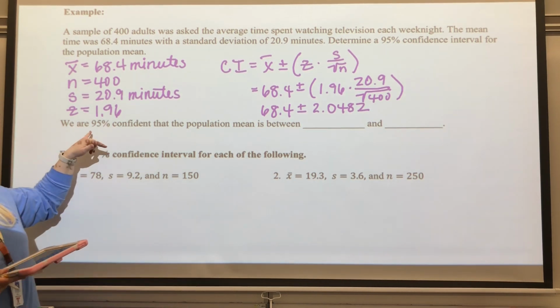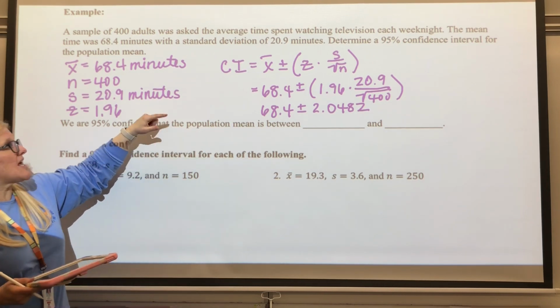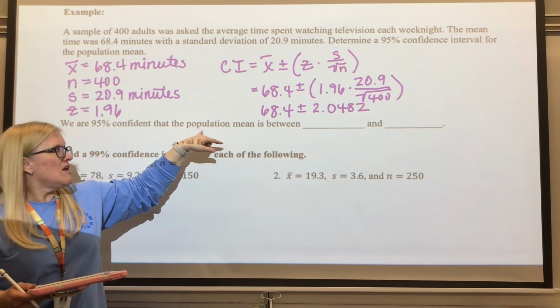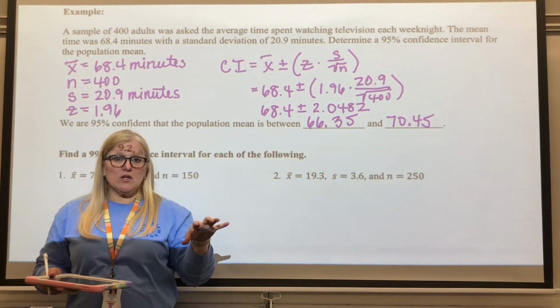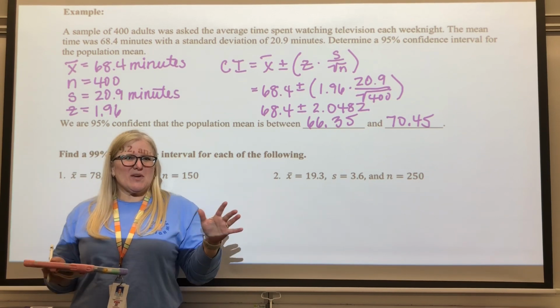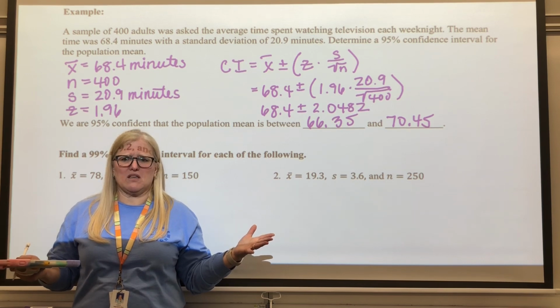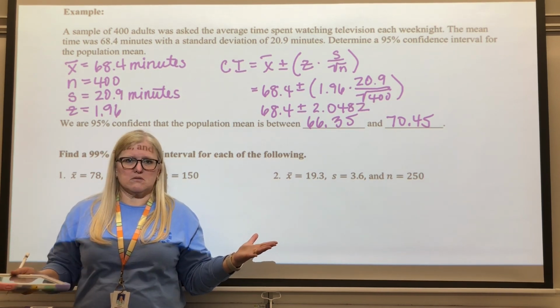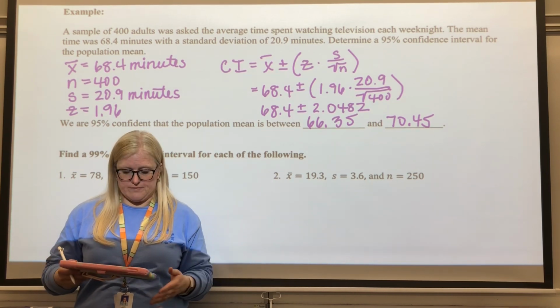So we are 95% confident that the population mean, we started with a sample mean, is between 66.35 and 70.45. So we can get an exact mean with a sample, but for the population mean we've got to give it a little wiggle room, because we don't know the whole population mean. That would be nearly impossible to get. So we give ourselves some wiggle room, kind of like with the margin of error.